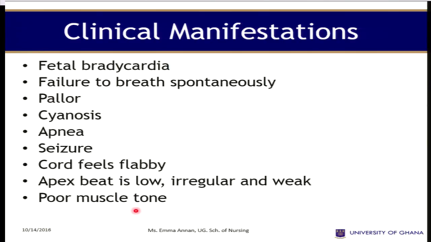The clinical manifestations you see in a baby having asphyxia are the following: fetal bradycardia, failure to breathe spontaneously, pallor, cyanosis, apnea, seizures, the cord feels flabby, the apex beat is low, irregular, and weak, and there is also poor muscle tone.